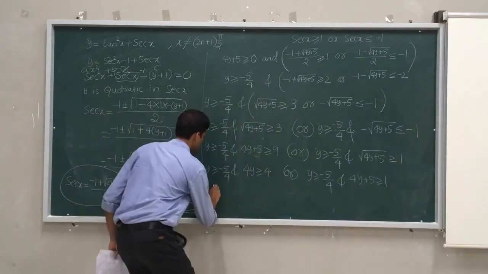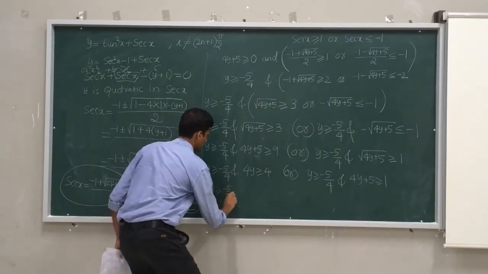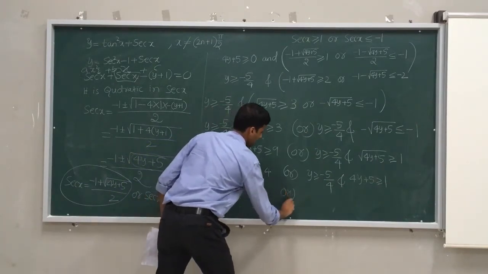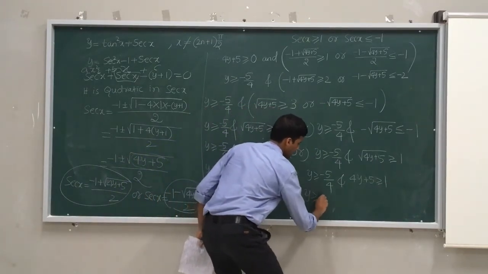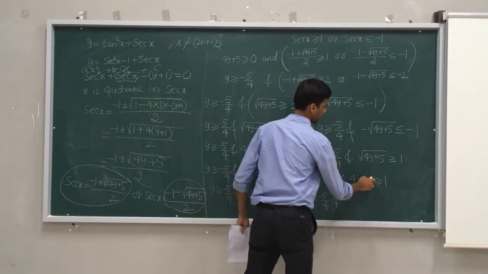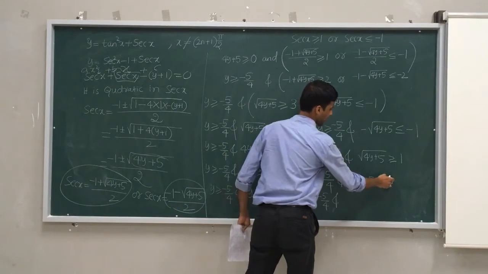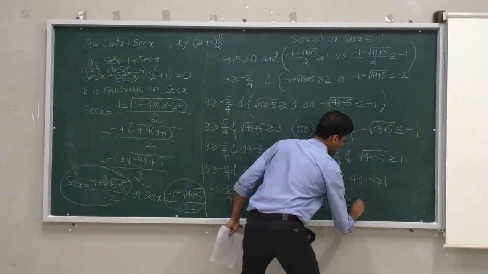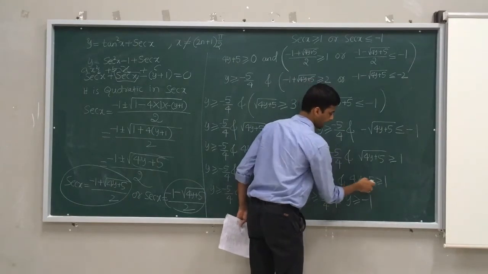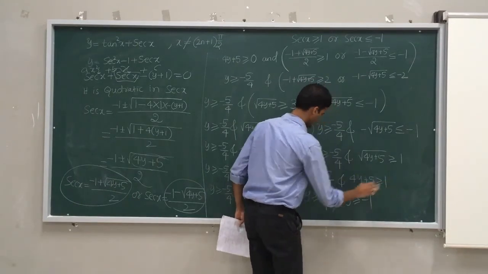So when you solve this inequality, y is greater than or equal to minus 5 by 4 and y is greater than or equal to 1, or y is greater than or equal to minus 5 by 4 and when you shift this side, it becomes 1 minus 5. 1 minus 5 is minus 4. So it is 4y greater than or equal to minus 4, therefore y is greater than or equal to minus 4 by 4, which is minus 1.